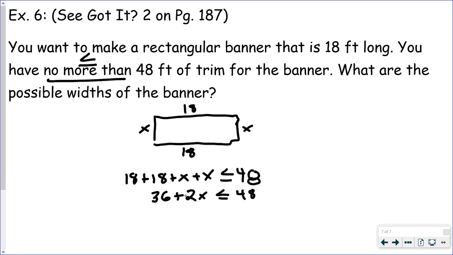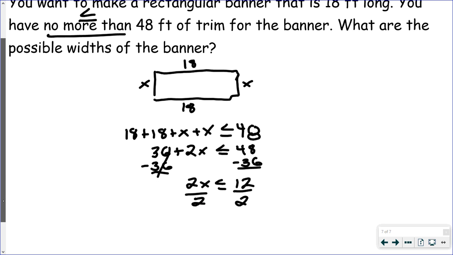The variable is being multiplied by a positive 2, so this is not one I have to flip. So I just subtract 36 from both sides. Just like if this was an equation, 2x is less than or equal to 12. Divide both sides by 2.